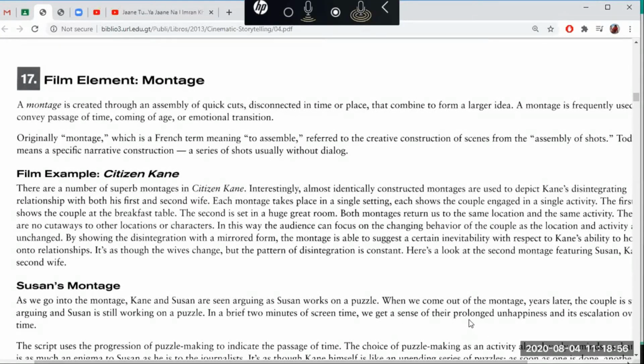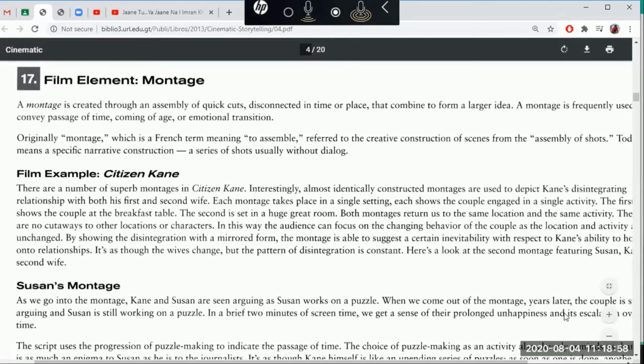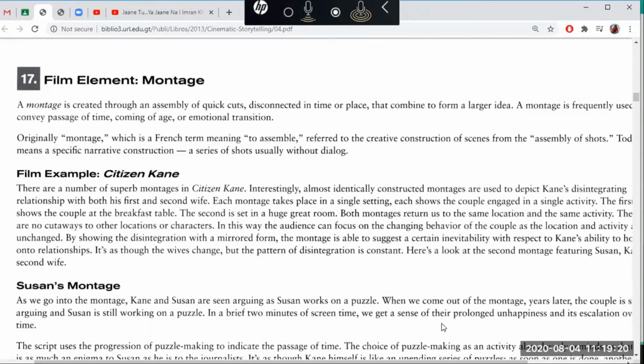So here he's just talking a bit about when Hollywood first started using these kinds of editing techniques or montages. It says a montage is created through an assembly of quick cuts, right? So when we were talking about metric montage, all shots were shot separately.